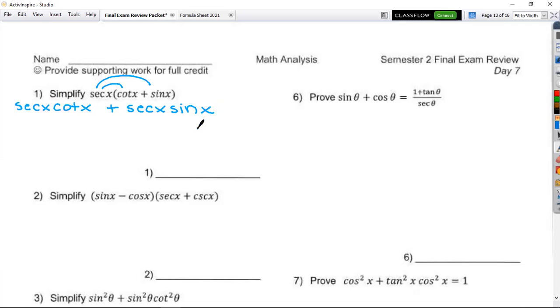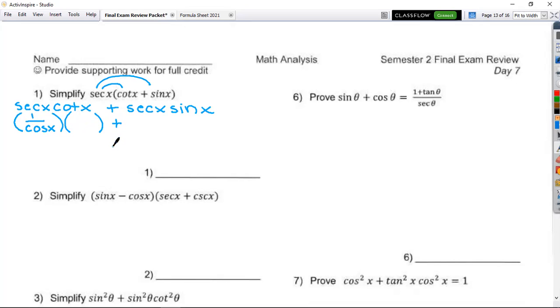Did I give you your reciprocal ones on here? Yes, I did. Bottom left-hand corner. If you look all the way down there, you're going to replace secant with 1 divided by cos of x. Now, cotangent has 2 identities for it, and one is going to be more helpful here than the other.